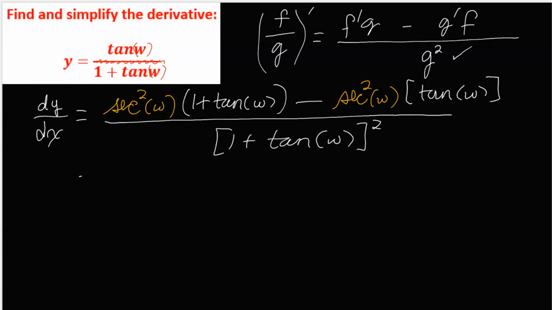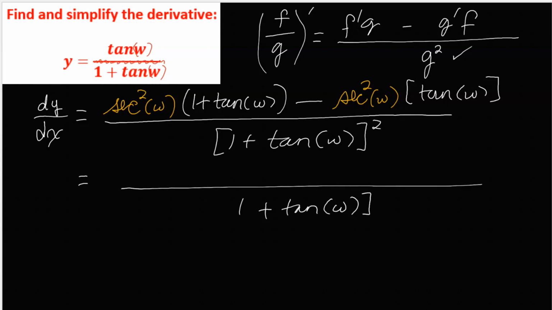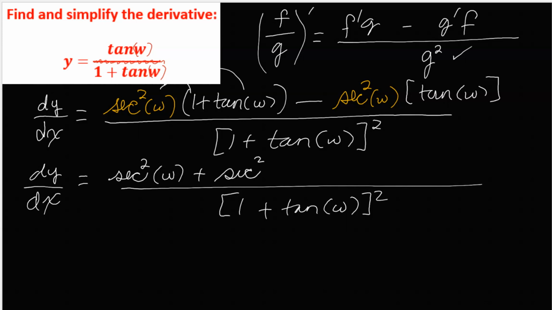Okay, so what we can do now is see if we can simplify. 1 plus tangent of w, all that squared, and that is the derivative of y with respect to x, dy dx. Distribute, we will get secant squared of w multiplied by 1 is itself, okay, and then plus secant squared of w times tangent of w minus secant squared of w tangent of w.